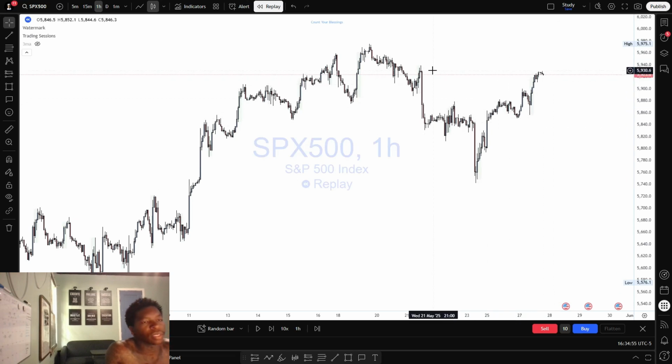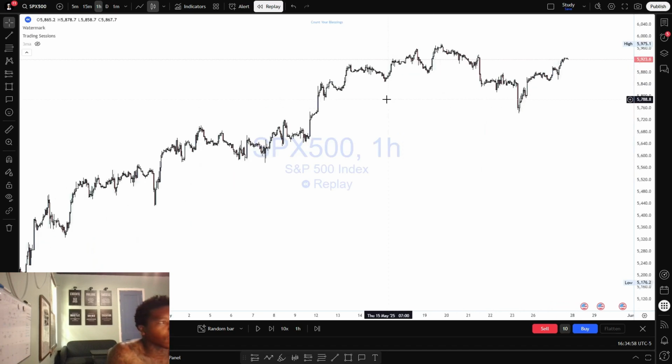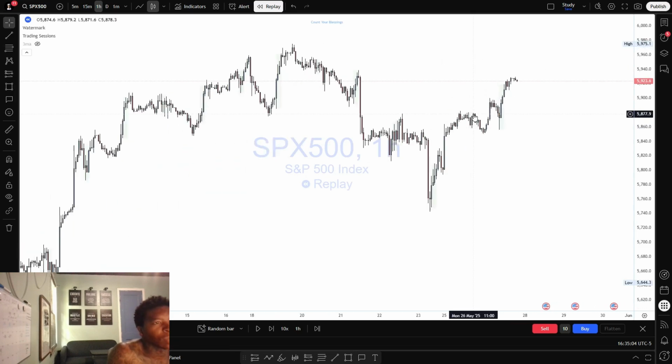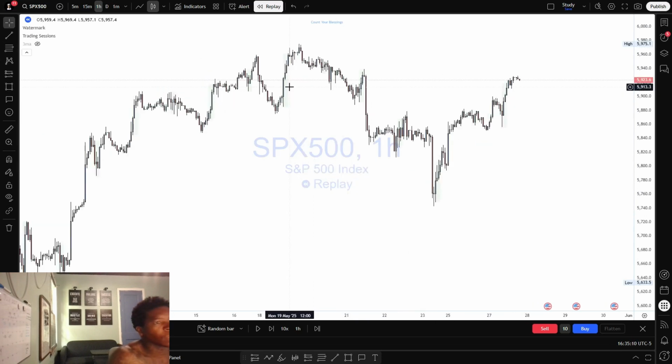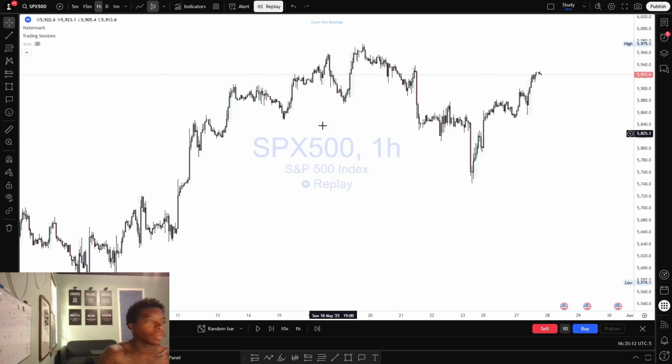Currently at this resistance here. Pretty much still have this position, or just some SPX being bullish. So yeah, still got to be bullish. But let's see if there's something in this that tells us that market structure has changed and we should be looking for sales instead. Let's take a look.